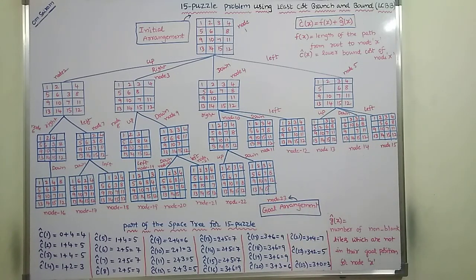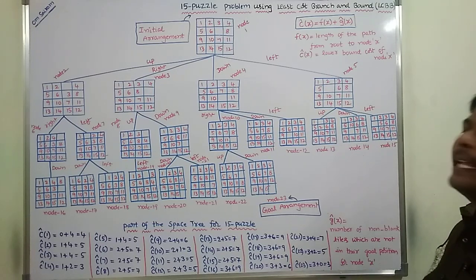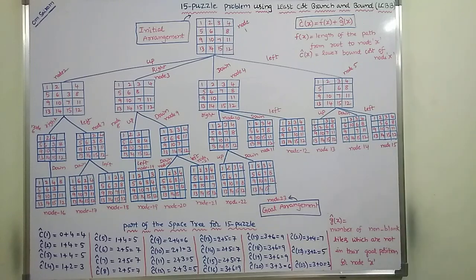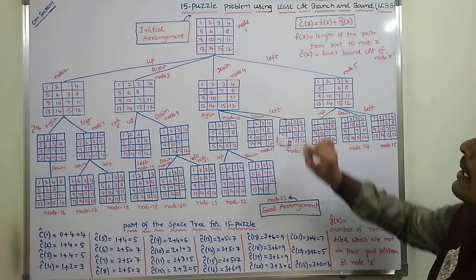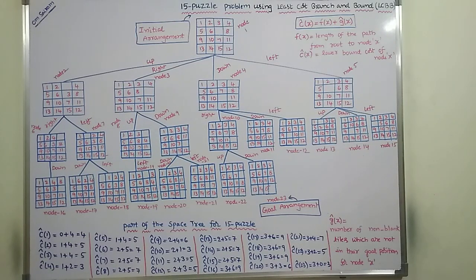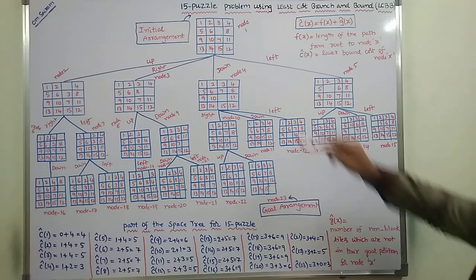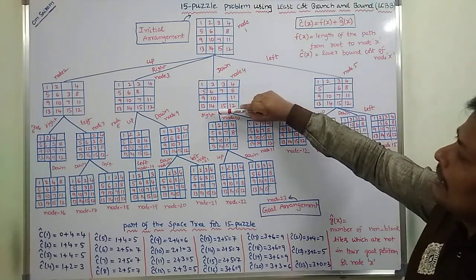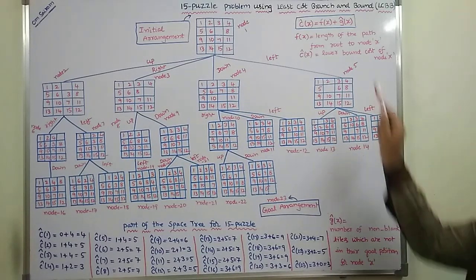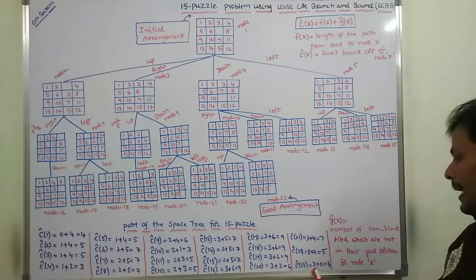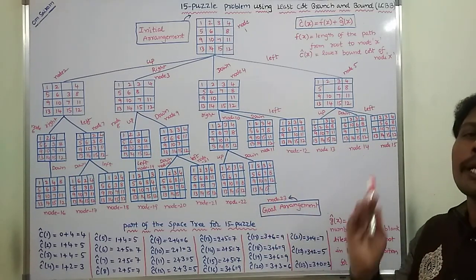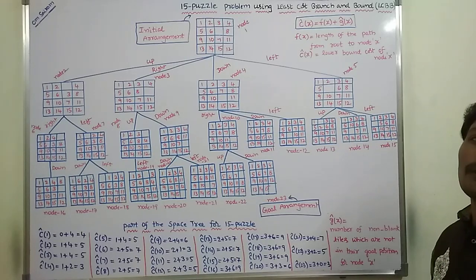Therefore, c cap of 23 is equal to the length of the path from the root node to node x, which is the number of edges between them: the first edge, the second edge, the third edge. So f of x is equal to 3, plus the number of tiles that are not in their goal position.